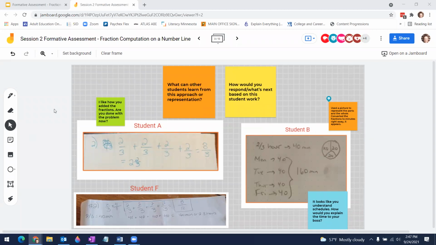So obviously we talked about with student F that we might need to sit down and talk about, does 8/12 make sense? What do we know about 8/12 and what do we know about 2.3 hours? And how do we get fractions and decimals and minutes, and how do these all relate? And asking them to find that, I actually might really push student F. Ooh, Joan, I see your question.